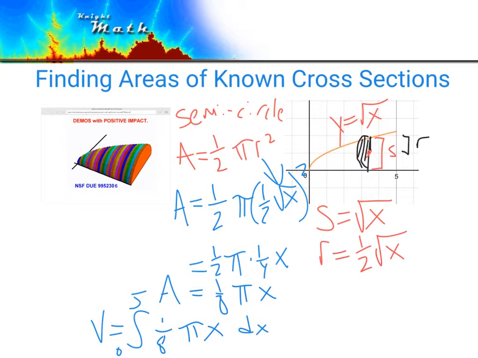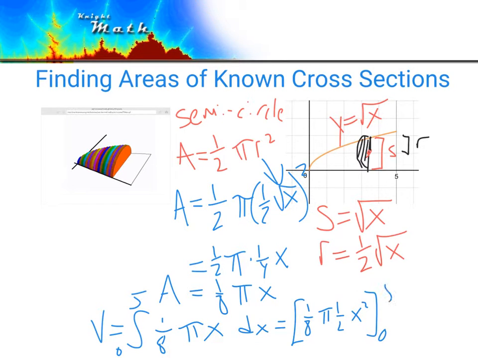So that's going to be 1/8 pi times 1/2 x squared, from 0 to 5. Okay, using FTC1, that's going to be 1/16 times 25 pi.